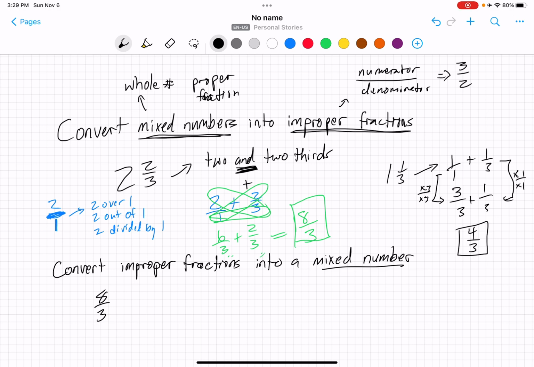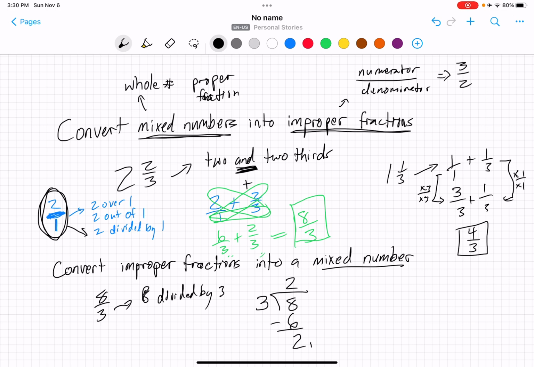So just like we have over here, 2 over 1 is 2 divided by 1, we would read this as 8 divided by 3. And we kind of learned about long division already, so we're going to take our 8 and divide it by 3. We can ask ourselves, how many times will 3 go into 8? We know it goes into it 2 times, so 2 times 3, we multiply, we get 6. We're going to subtract. We have a remainder of 2.